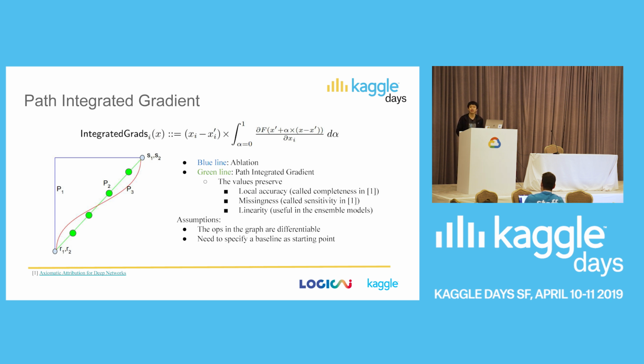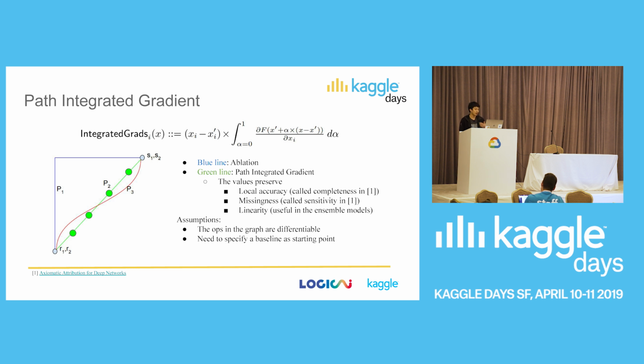And it also satisfies the linearity property: if you have two networks, you sum them up together, you ensemble maybe 100 models, and when you map back to the feature space, it satisfies this linearity. So also very beautiful theory.